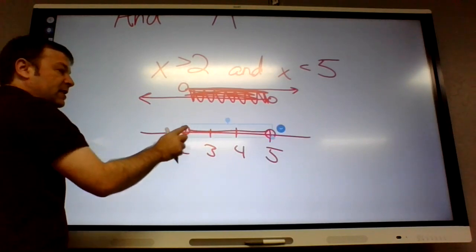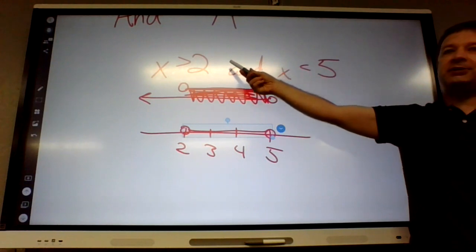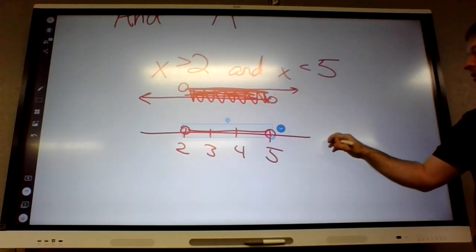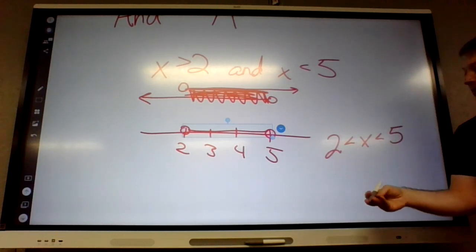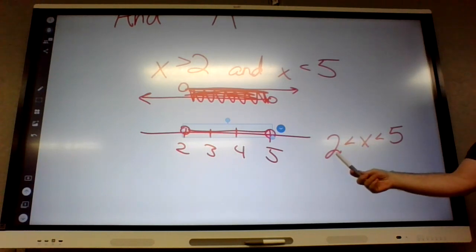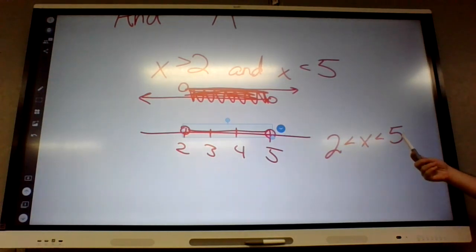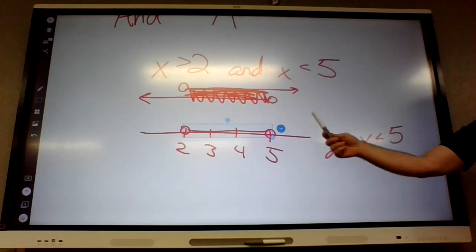Everything between 2 and 5. By the way, this could also be written as all the numbers between 2 and 5. The better way to write that, you guys are going to see this a lot in high school, looks like this. This implies that x is greater than 2 and less than 5. So it's everything between 2 and 5, like that.